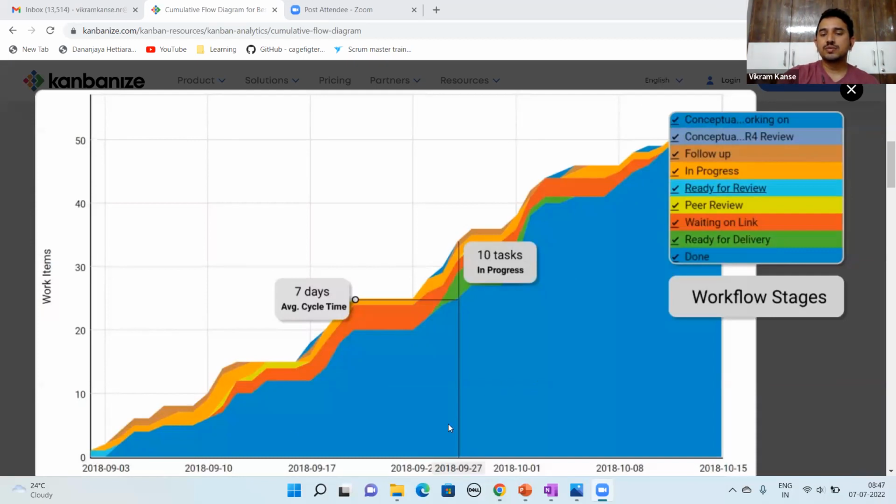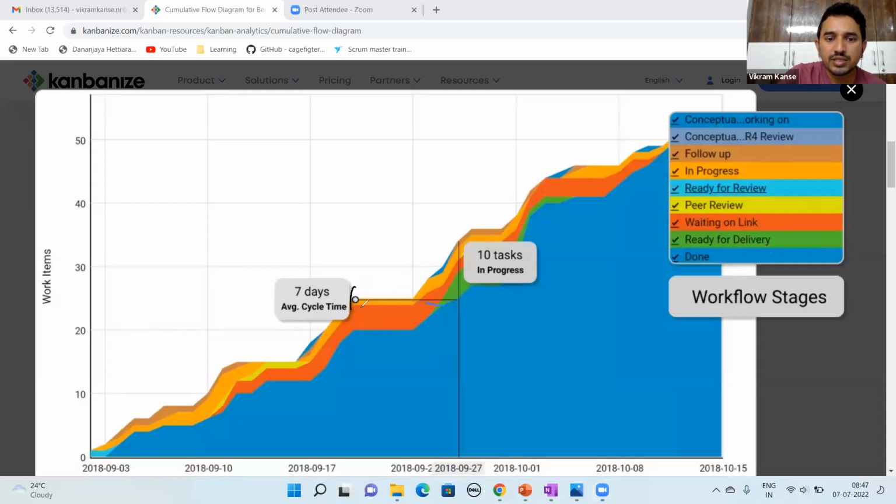This gives you the entire information of how the work started. So for example, if the work started here, and it flew through, and then it went to done here, ready to delivery was here, and then if you see the definition, I need to take out the color. Maybe black would do.